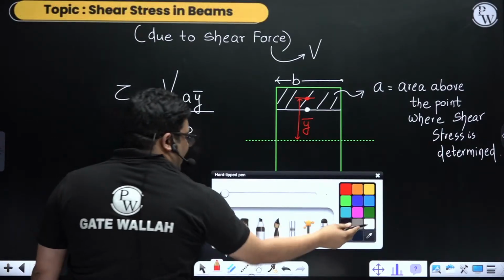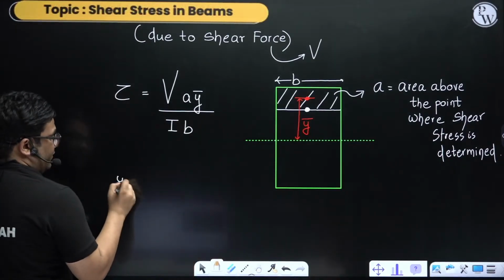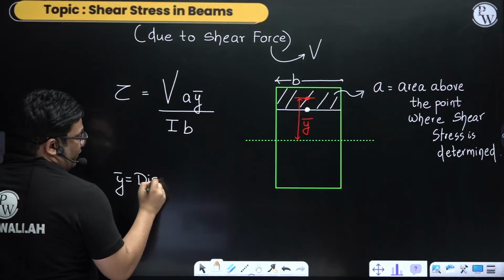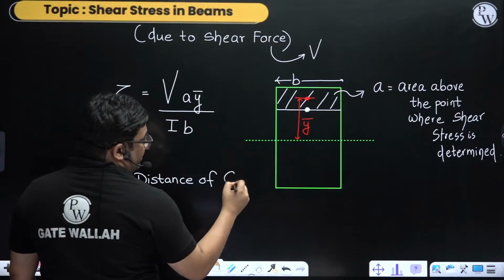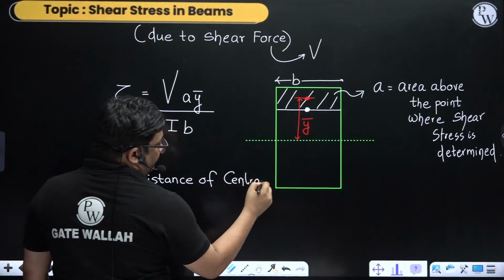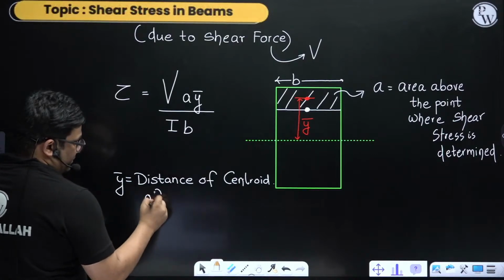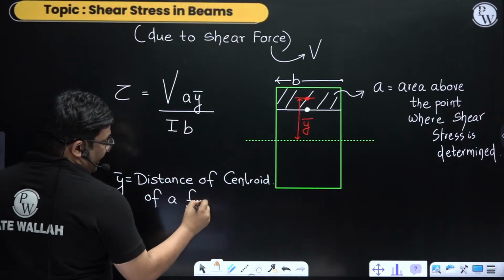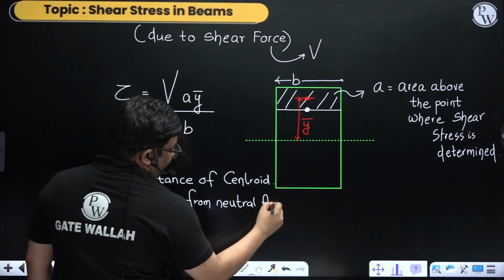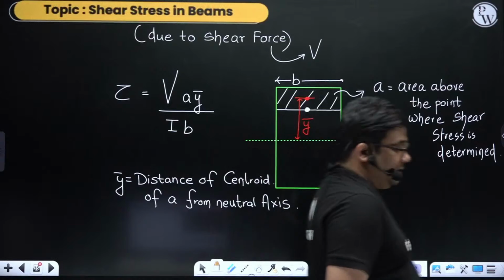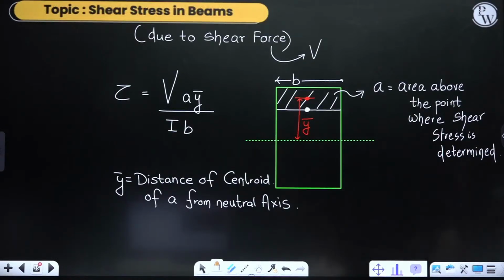So y bar is the distance of the centroid of A from the neutral axis. This is your y bar. Okay, very good, very nice.